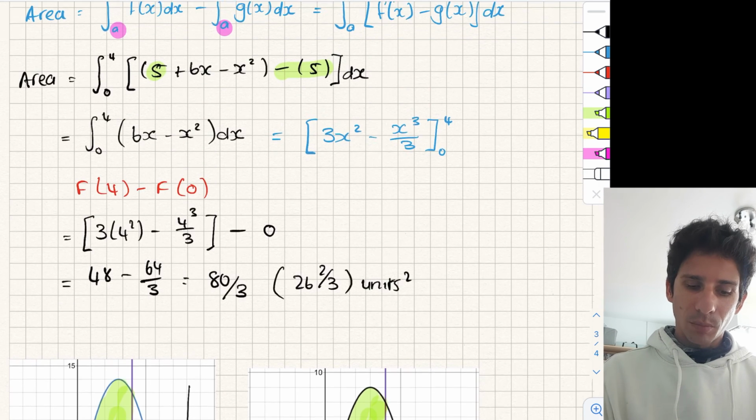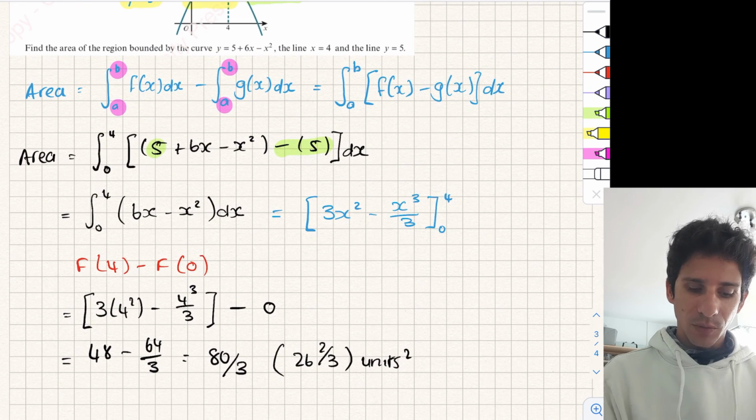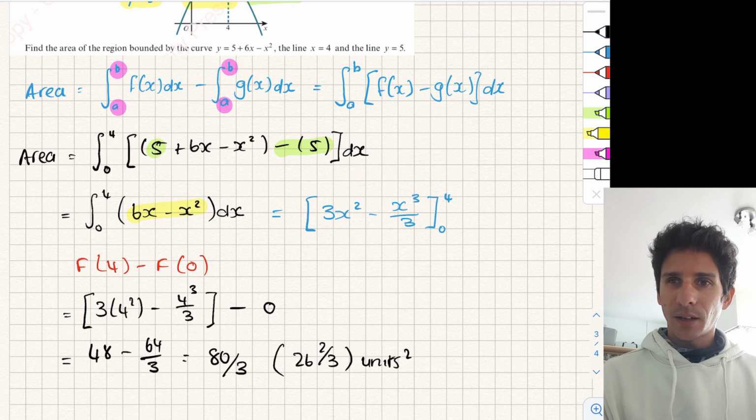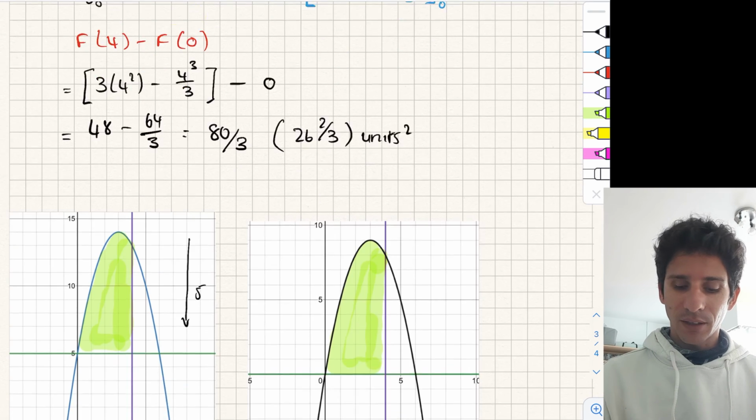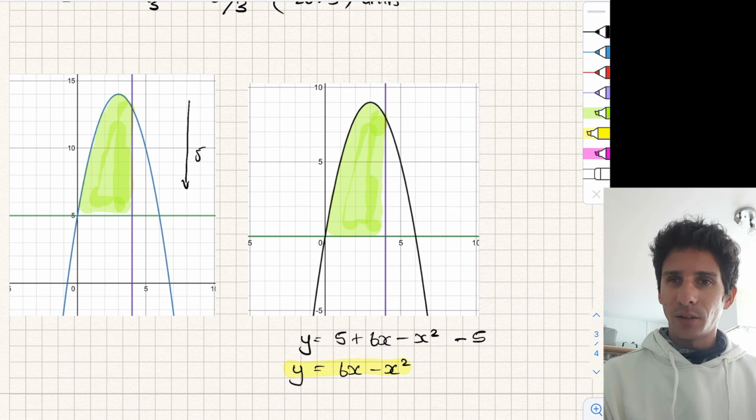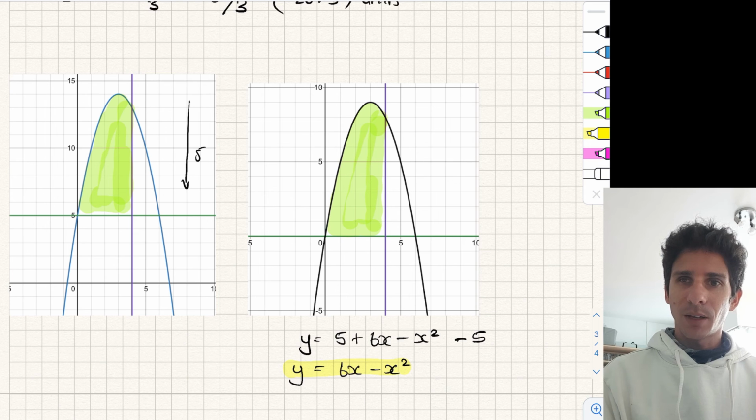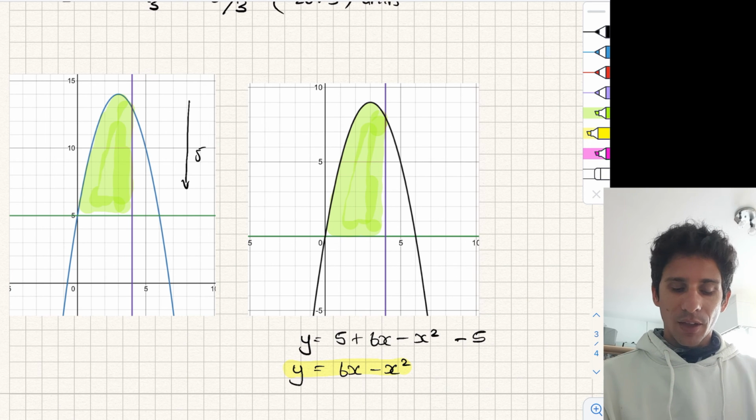Okay, so if you compare this to our combined function just before we anti-differentiated, they are obviously the same, because in essence we are looking at exactly the same area. That's why we are able to just subtract that 5, and it creates the illusion that we are finding the area bound by the x-axis.